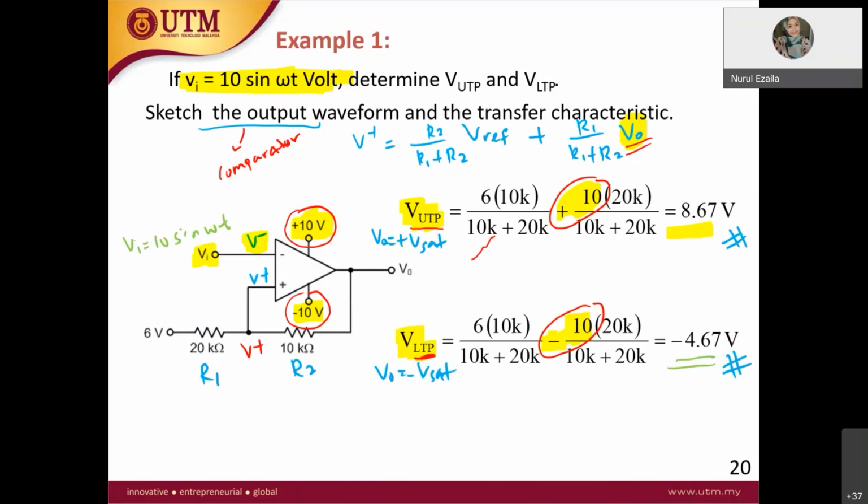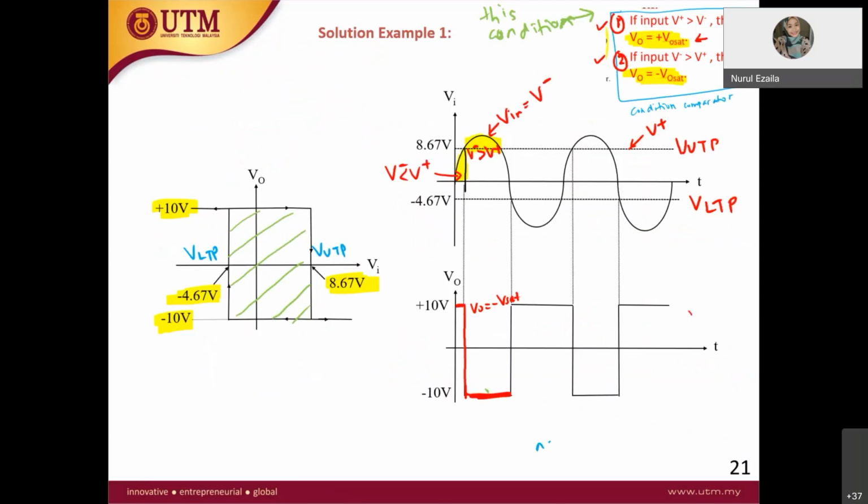Your V plus, now you have two values. In the comparator, you only have one value. In the Schmitt trigger, you have two values, which are the upper trigger and the lower trigger. So when you make a comparison, you have to consider both. Now let's take a look here.